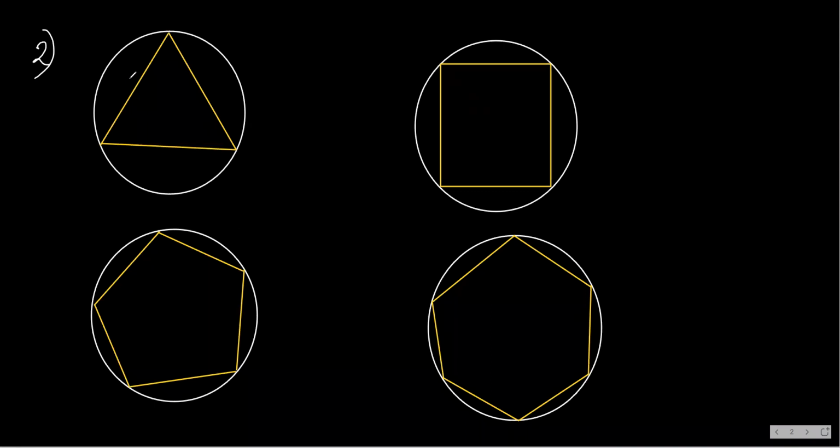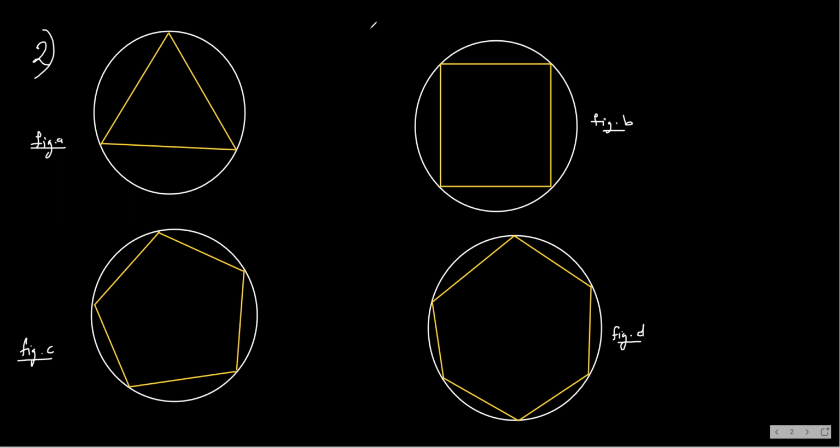Now here in the second result, students, I have drawn four figures. This is figure A, this is figure B, figure C and D. Now, what I actually want to show you is, in figure A, you have a triangle inscribed in a circle.